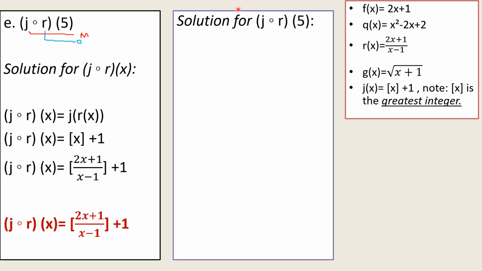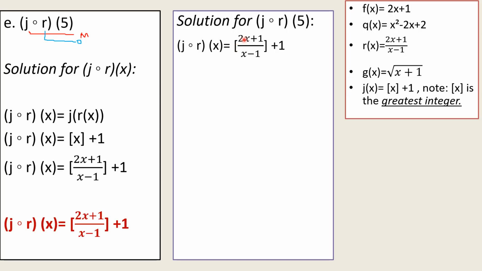So, solution for the composition of J and R when x is 5. So, it would be what? Composition of J and R of x is equal to what? Kinopya ko lang ito. 2x plus 1 over x minus 1 plus 1. Okay?